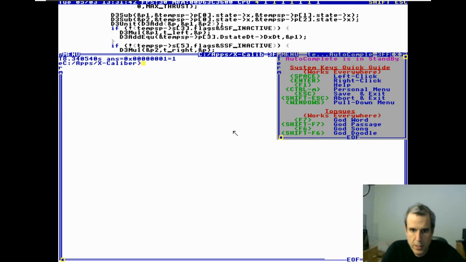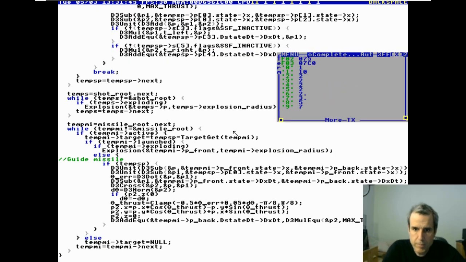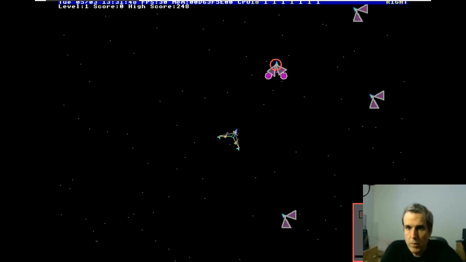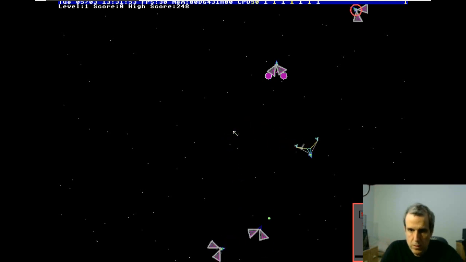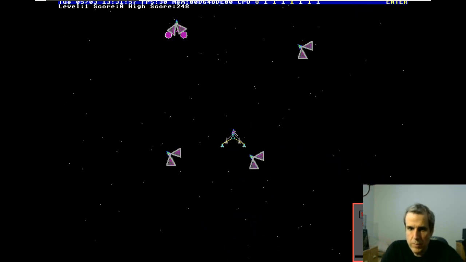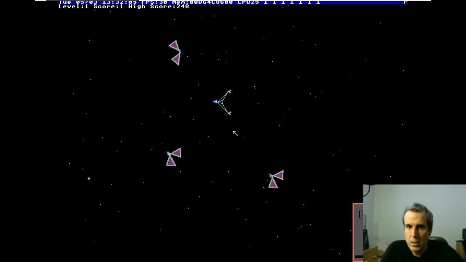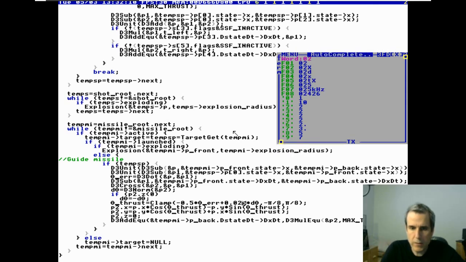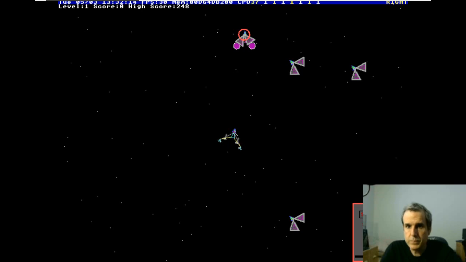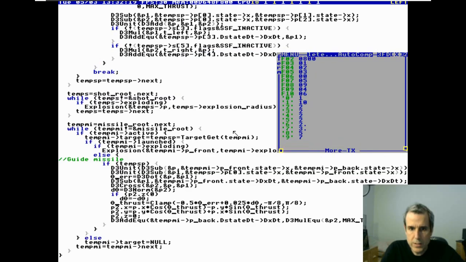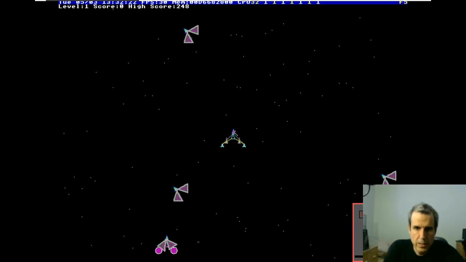There's too much anti-spin. Too much anti. Less anti-spin. Is the error the wrong direction or not? The wrong direction.